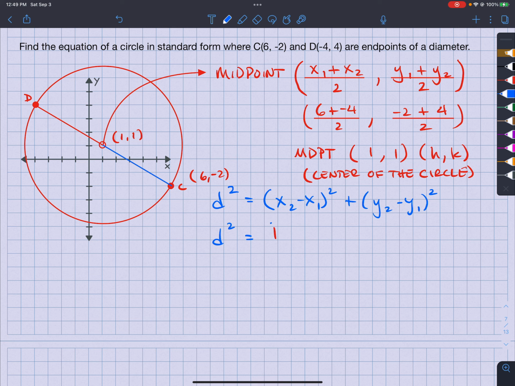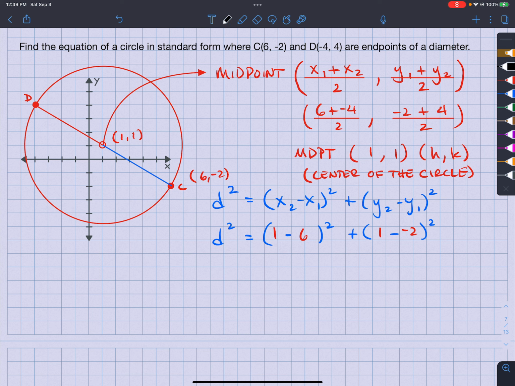Minus a negative 2 squared plus, now I used the 1, 1 first, so I'm going to have to use the 1 first again, minus the y, oops, sorry. This is supposed to be the x, right? X is 6. This is negative 2. There we go. Because that's the y value, right? So the y goes to the y. The x goes to the x, okay?